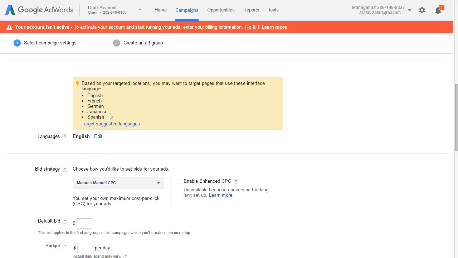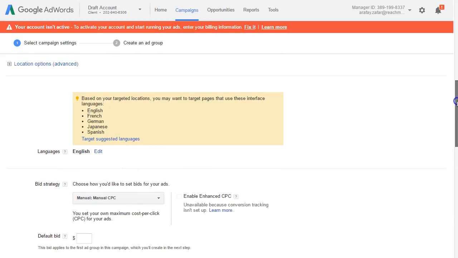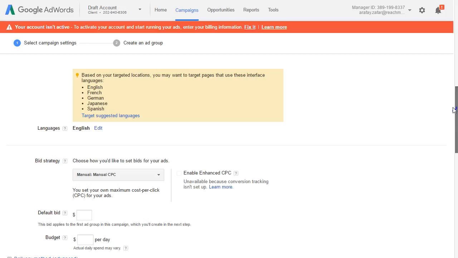I mean, if there's an office that supports these languages, maybe they can target, but I don't think this office supports these languages, so we'll just target the English language. But let's say, for example, especially if you are in California, Spanish is a big language. There you will definitely have to support Spanish if you want to be a successful office, and so you will have to target that language as well.